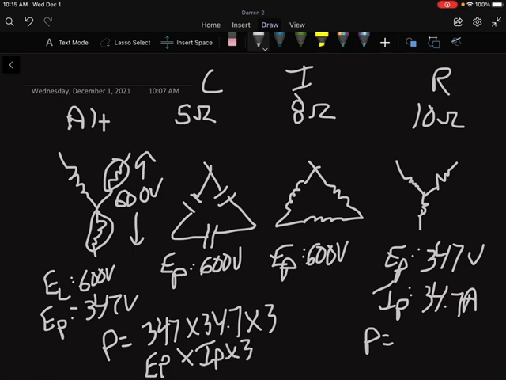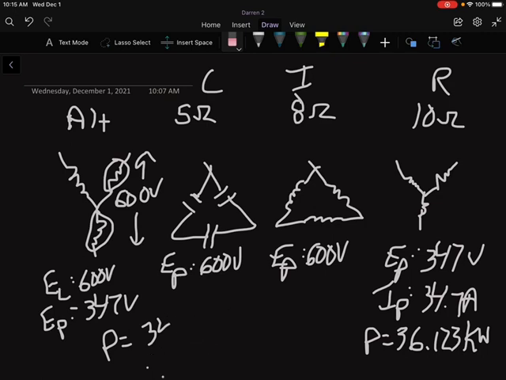So 347 times 34.7 times 3 is 36.123 kilowatts. All right, so that's that one done.